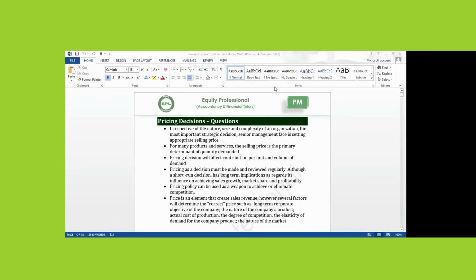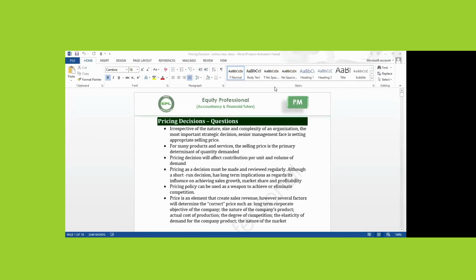Pricing decision must be made and reviewed regularly. Price is not static. Pricing decision can be used as a weapon to achieve competition or to destroy competition. You can use your price to destroy your competitors.